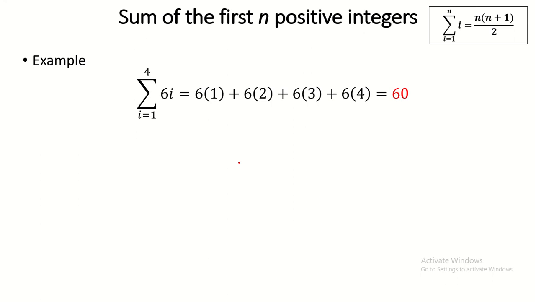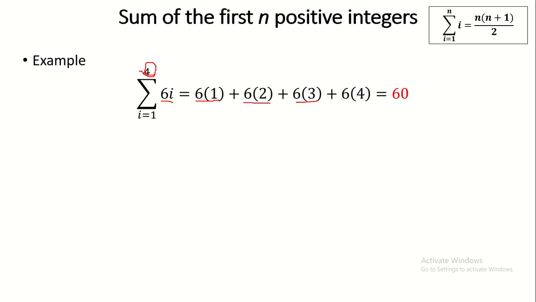Okay, so let's have another example. We have the summation of 6i from i equals 1 up to 4. So let's evaluate this using i equals 1, 2, 3 up to 4. If i is equal to 1, we have 6 times 1. If i is 2, we have 6 times 2. If i is 3, we have 6 times 3.